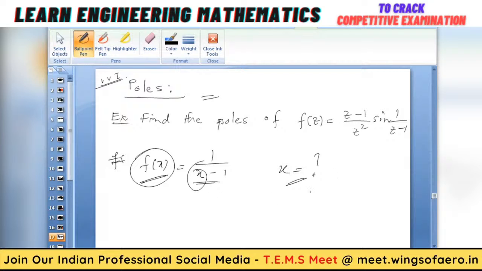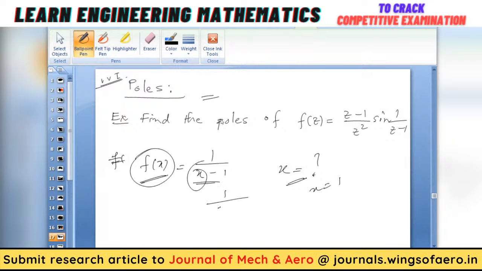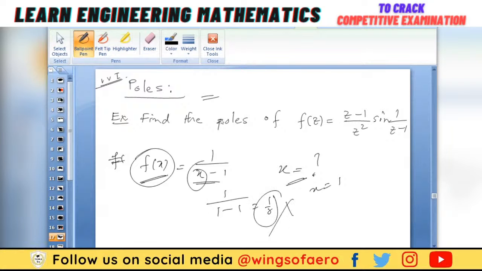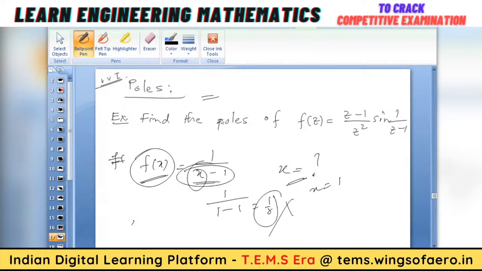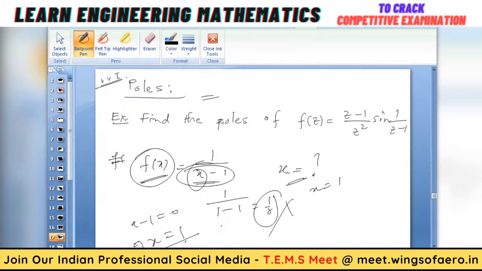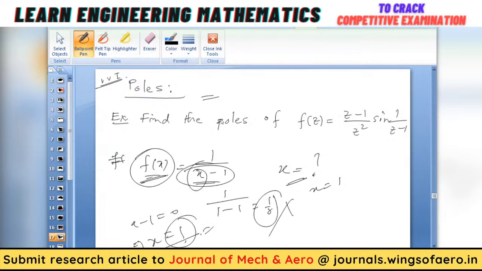If I put x equal to 1 here, then 1 by 1 minus 1 becomes 1 by 0, and obviously it doesn't exist because the denominator is 0. Similarly, for any kind of function, if I consider the denominator term equal to 0, that is x minus 1 equal to 0, I find the value x equal to 1. For this value of x, this function doesn't exist. This value is considered to be the pole.